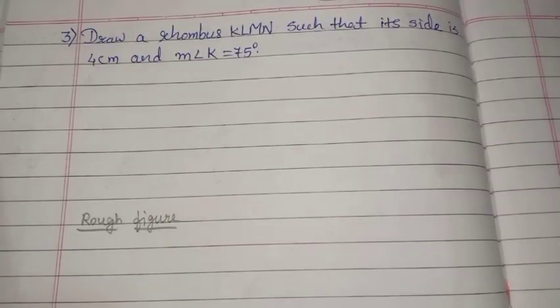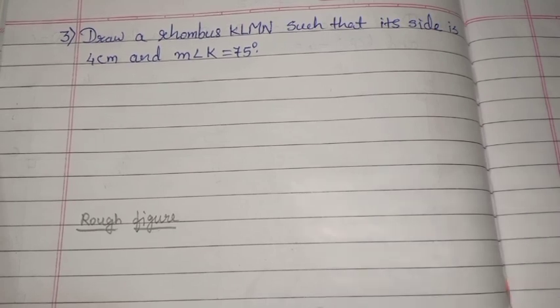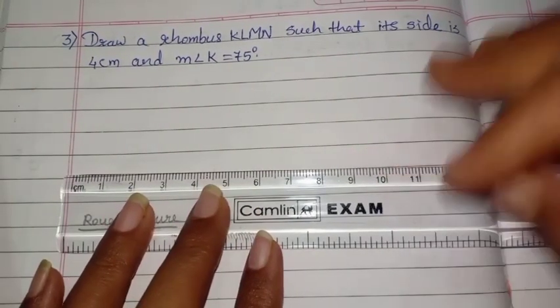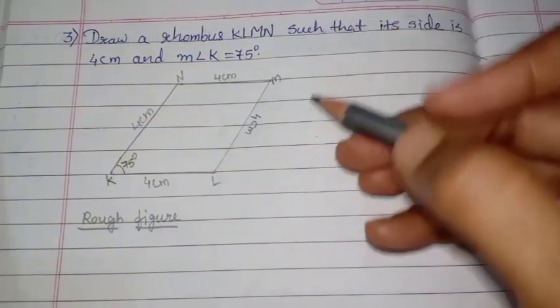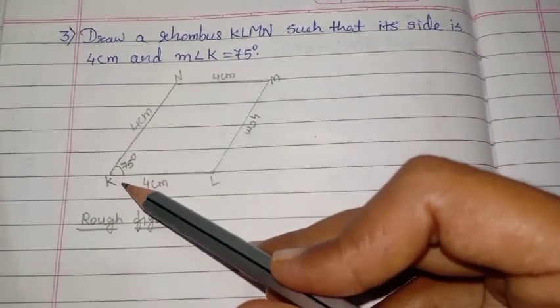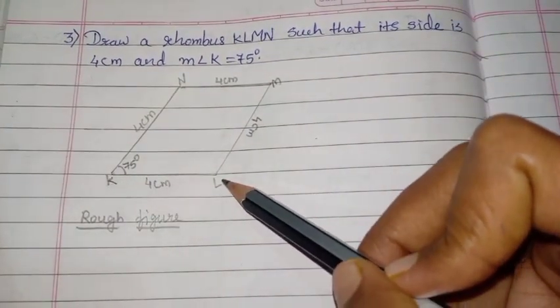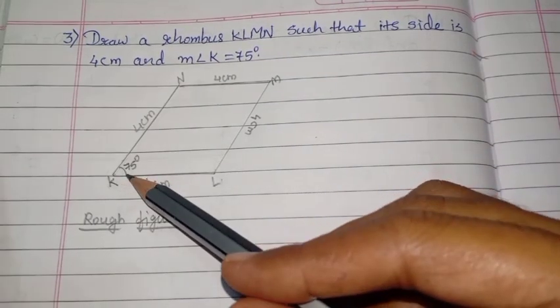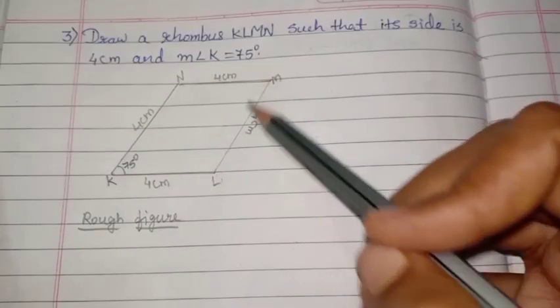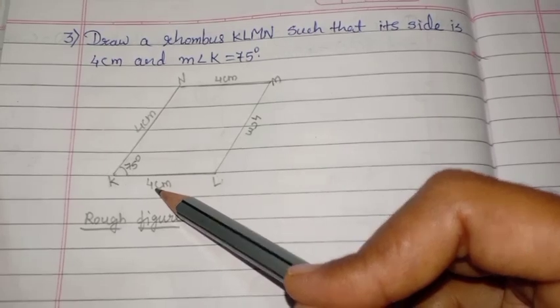Now question number 3. Draw a rhombus KLMN such that its side is 4 cm and measure of angle K is equal to 75 degrees. Let's draw the rough figure first. See children, suppose we take KL as base and angle K is 75 degrees, and all four sides of a rhombus are congruent.